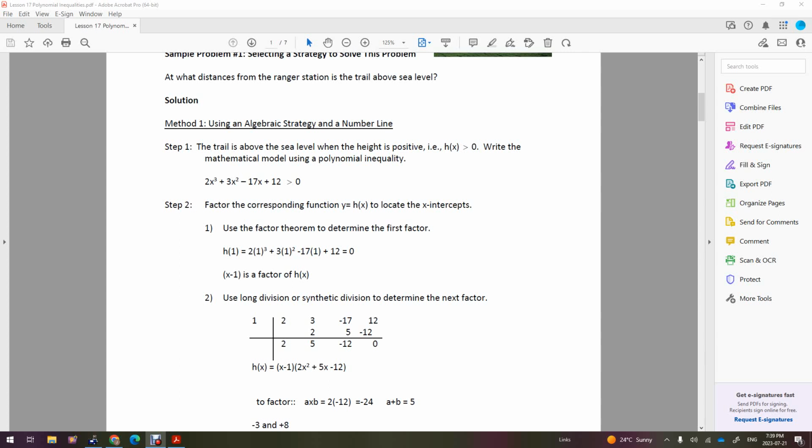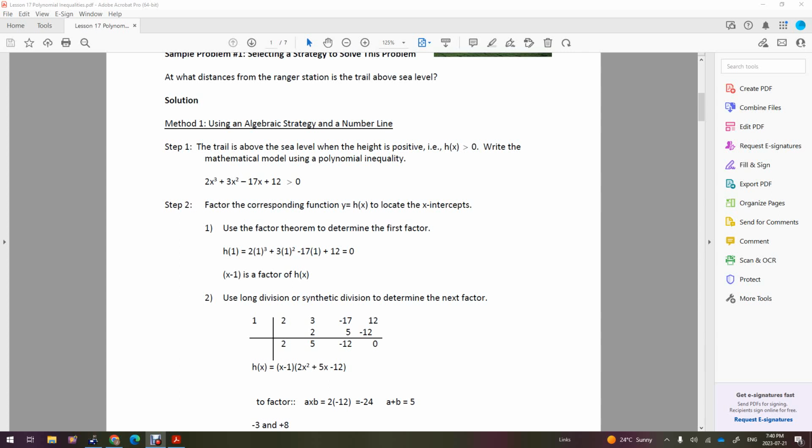So we'll substitute 1 into the equation and we will get 2 times 1 cubed plus 3 times 1 squared minus 17 times 1 plus 12 is 0. So that means if it's equal to 0, 1 is a factor. So x equal to 1 can become x minus 1 and become a factor.